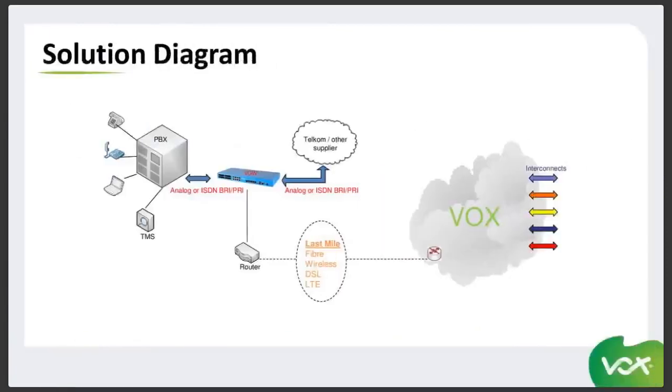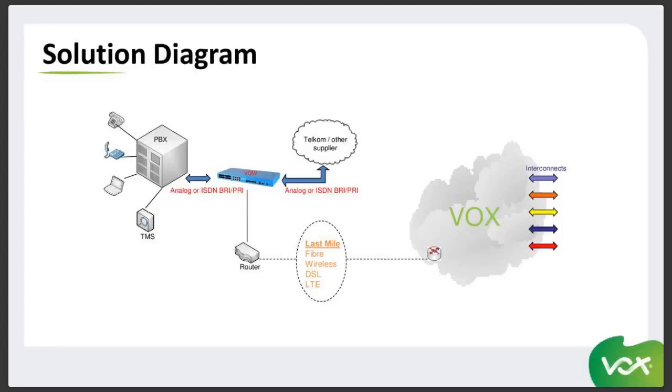The other thing we looked at was just an overview of what a typical solution looks like. I'll start off on the left-hand side. We have a customer that has either a Vox PBX or their own PBX. That connects into a gateway, the voice gateway I mentioned earlier, which is, again, an optional item. In this case, we're looking at a legacy type PBX that requires analog or ISDN trunks. On the gateway, we can connect any other provider on site for redundancy.